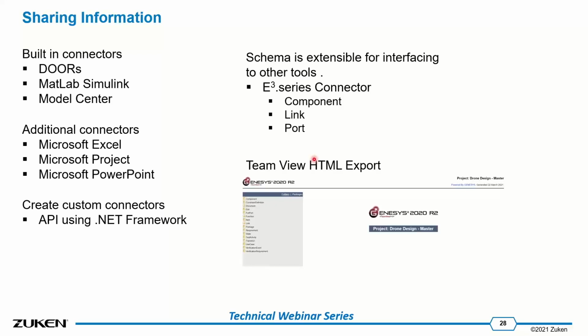The E3 series connector, we've modified component link import so that we can pass the right information off to the detailed design team to be able to do their wiring harness designs. The last is a team view in HTML. It's basically an HTML export from the database so that you could publish this and anybody could view the model in a web browser.